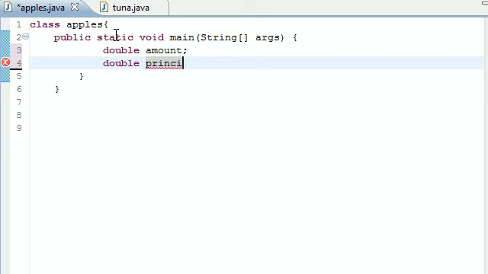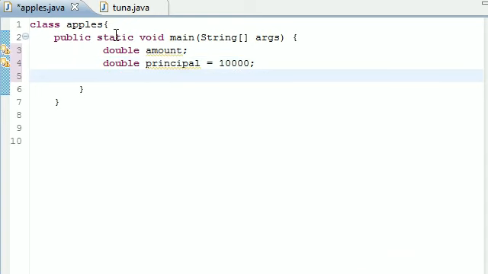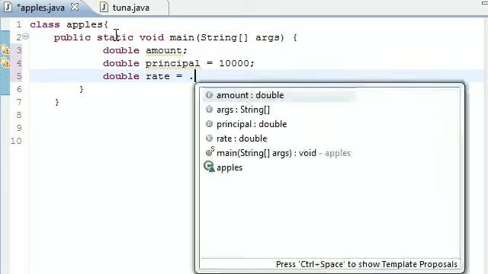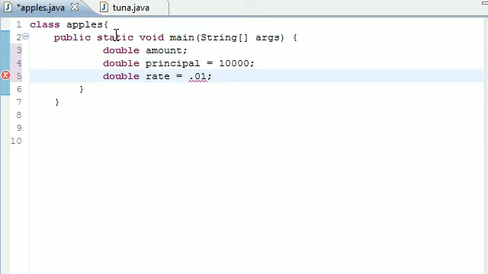So double principal, we know what this is, 10,000, since that's how many subscribers I have to begin with. And don't put the comma there. The last thing we need is the rate. So double rate equals 0.01, since I'm gaining subscribers at 1% a day.